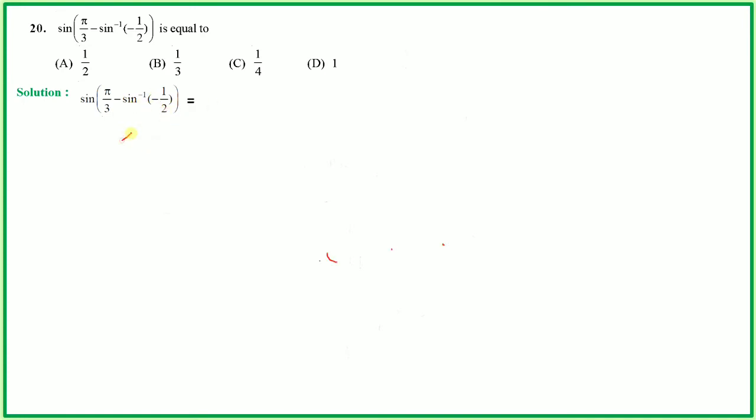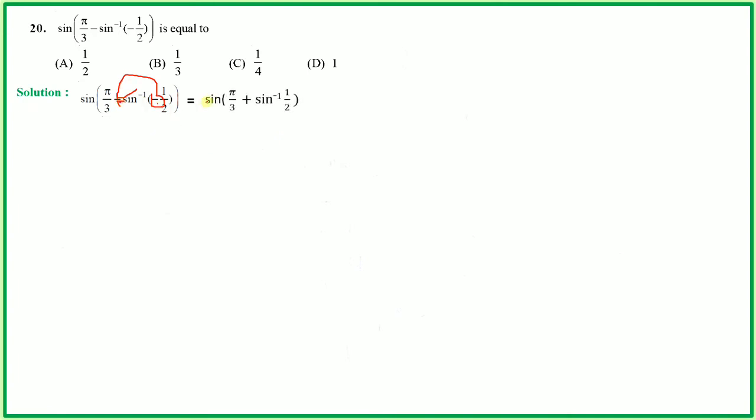As we know, sin inverse of minus theta is equal to minus sin inverse theta, so this minus will go here. Then this minus and this minus will become plus in the next step.